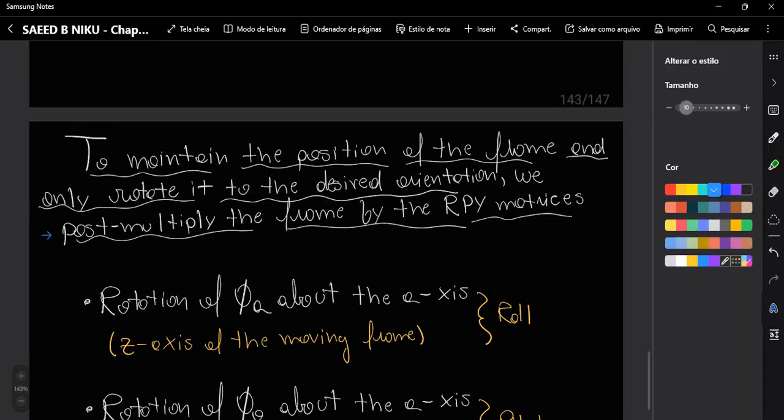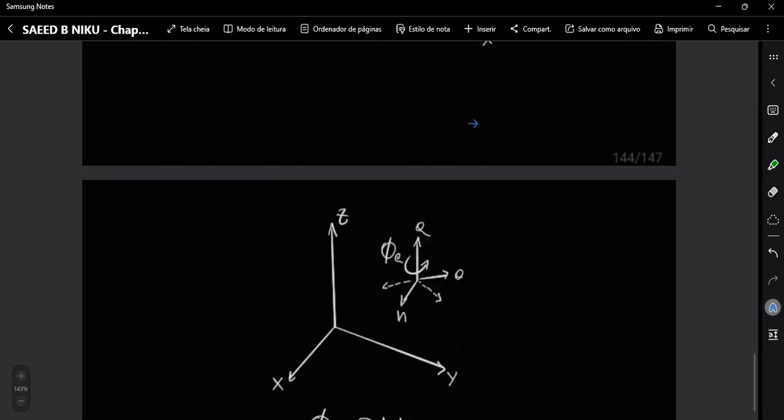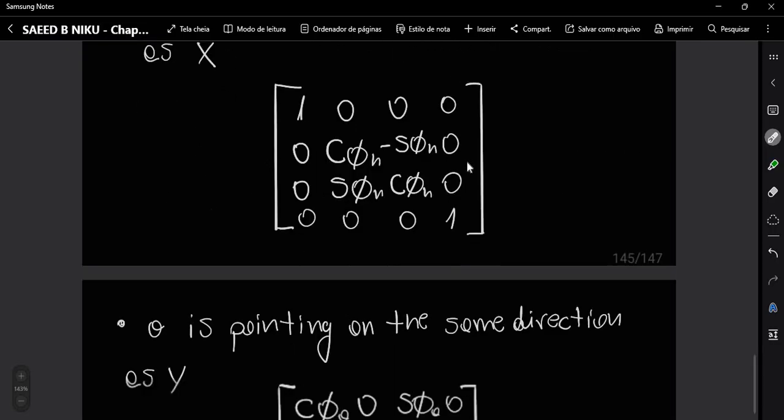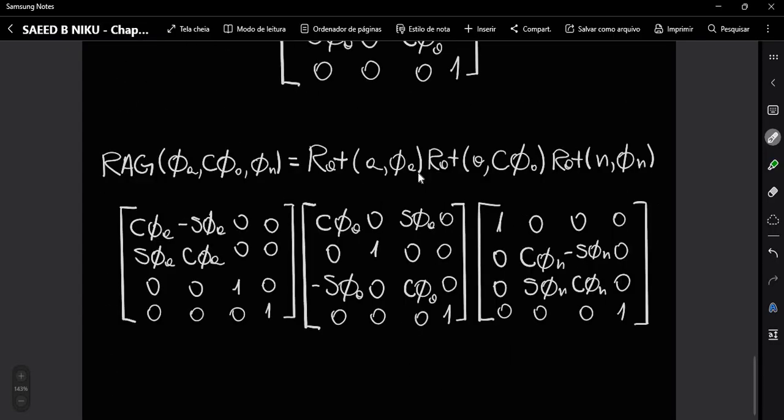So we post multiply the frame by the RPY matrices, and it is exactly what we are doing right here. Right here, because I was using the Portuguese literature, but actually it is RPY: roll, pitch, and yaw.